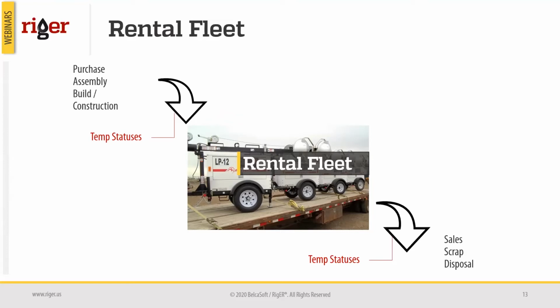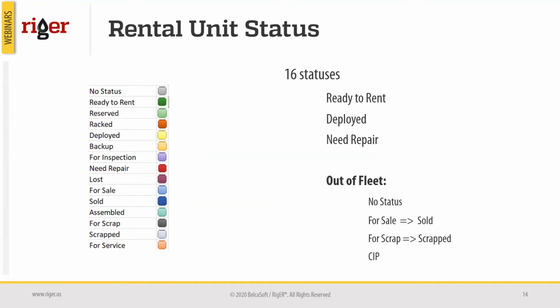Talking about those kinds of operations, we decided to add new statuses to our rental unit statuses. Right now, we have 16 statuses describing different positions of the rental units. The most popular and most formal are ready to rent, deployed, and need repair.